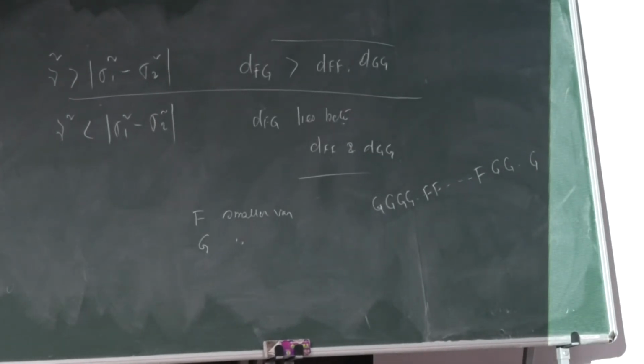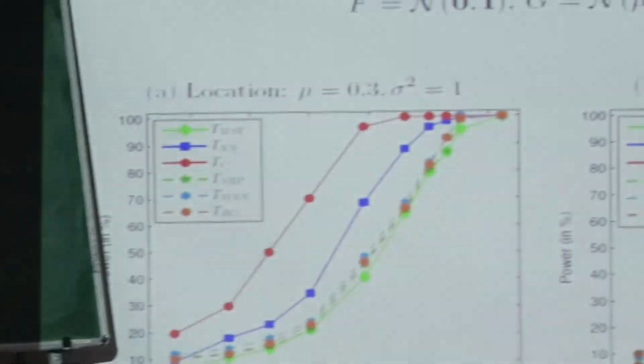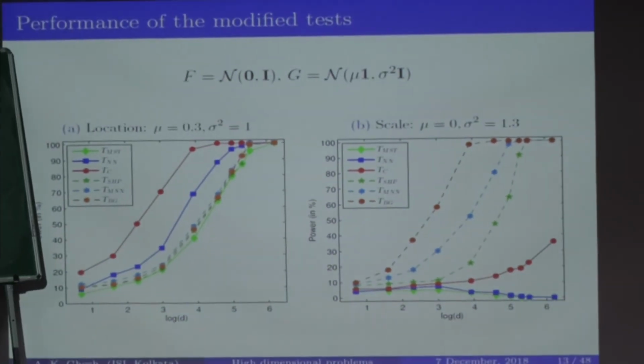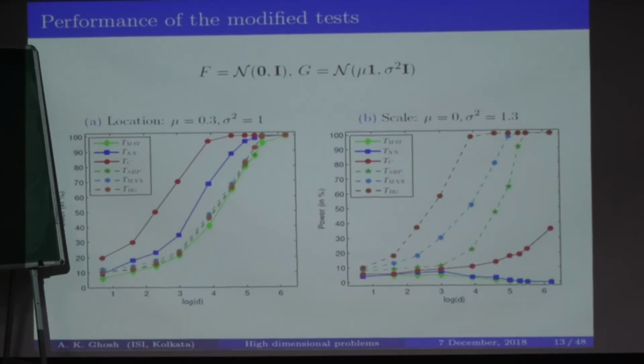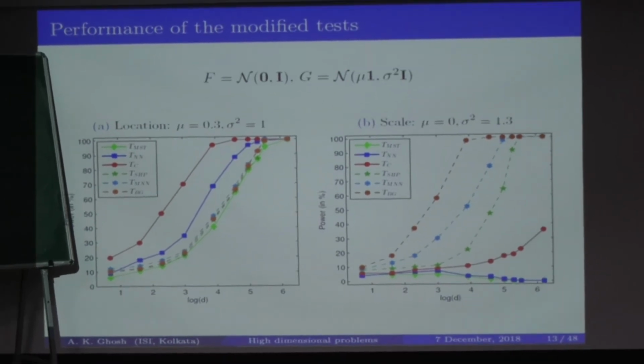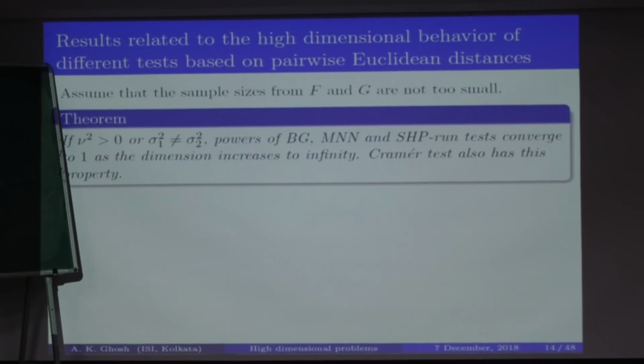This will be the ideal sequence for which the cost will be minimum. As a result, the test statistic will take the value 3, which is very small, and it will reject the null hypothesis. That is why it performs well in the case of the scale problem, where the test statistic based on the minimal spanning tree could not perform well. So this is the moral of the story.